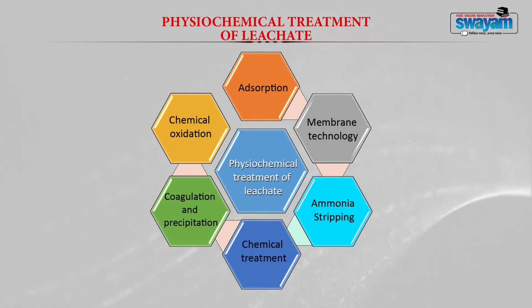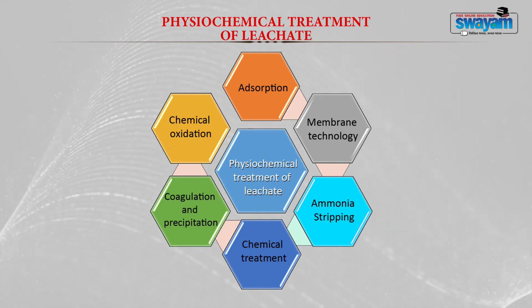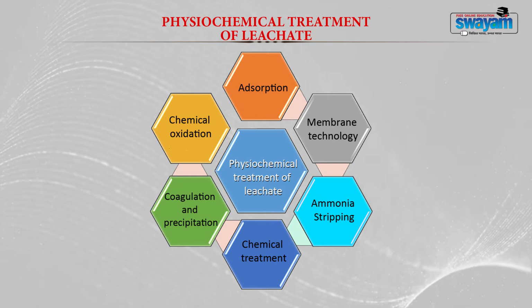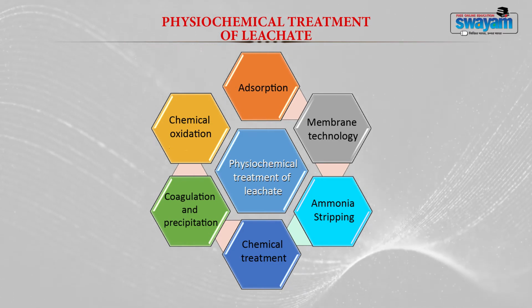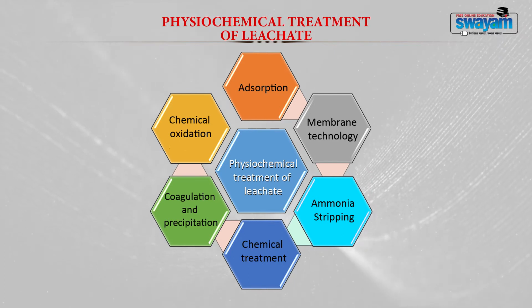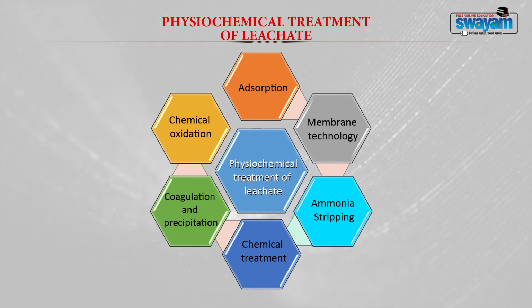Chemical treatment is used where certain chemicals are applied to detoxify and remove the harmful constituents present in the leachate. Now, chemical methods are generally fast and they do not cause any damage to the setup. Some of the chemical methods are coagulation and precipitation, chemical oxidation and ammonia stripping.